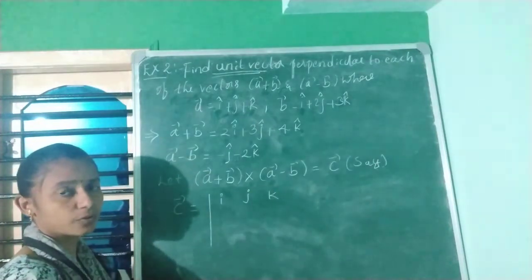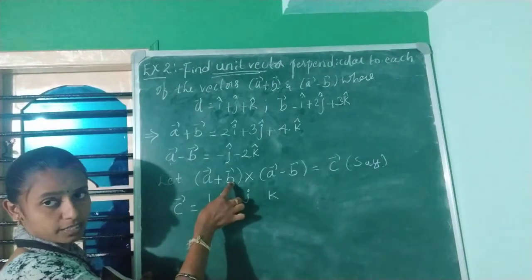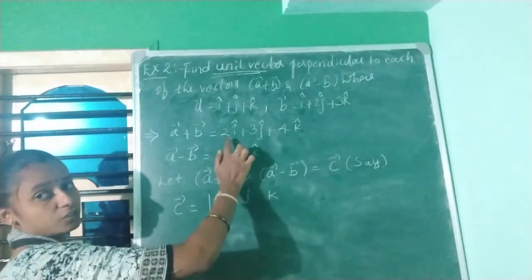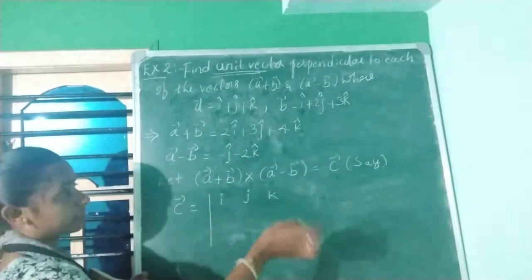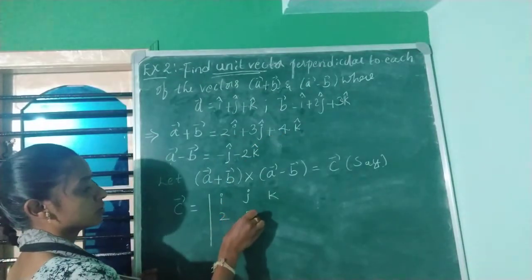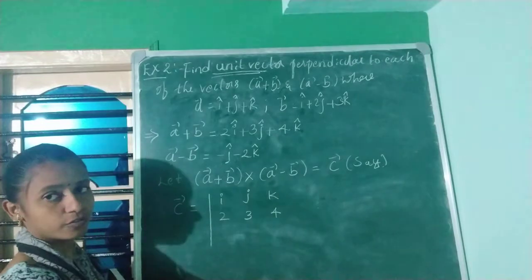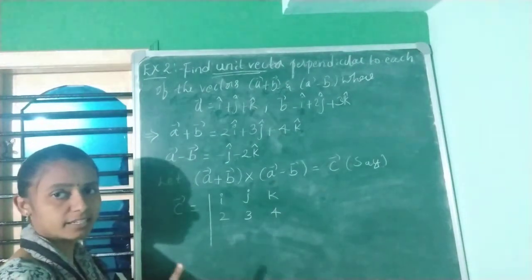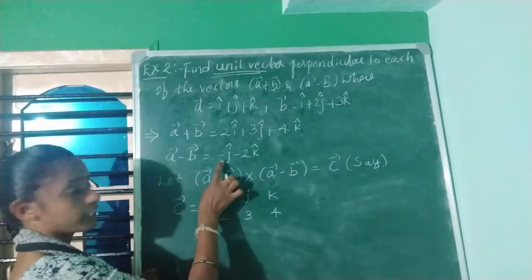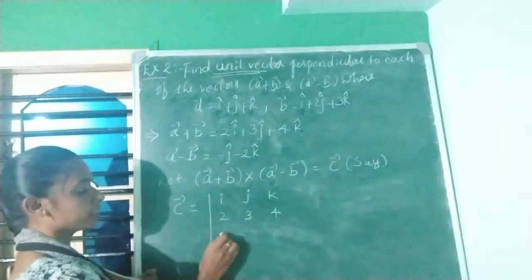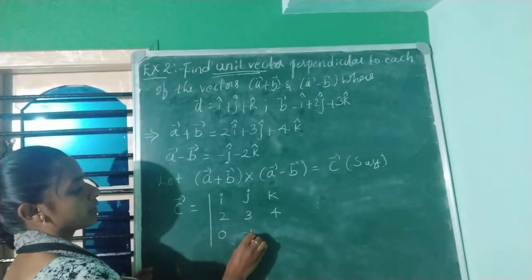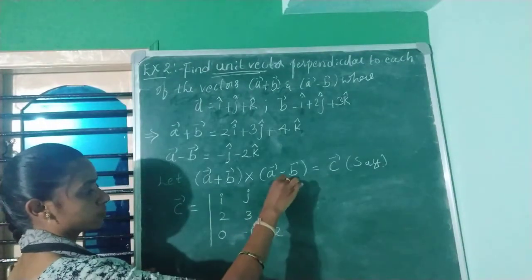Then the second row is a plus b, the sum of two vectors, and you write the coefficients of i, j, k: that is 2, 3 and 4. The third row is the coefficients of i, j, k in a minus b. So there is no i component, hence you can write that as 0. The j component is minus 1, the k component is minus 2.